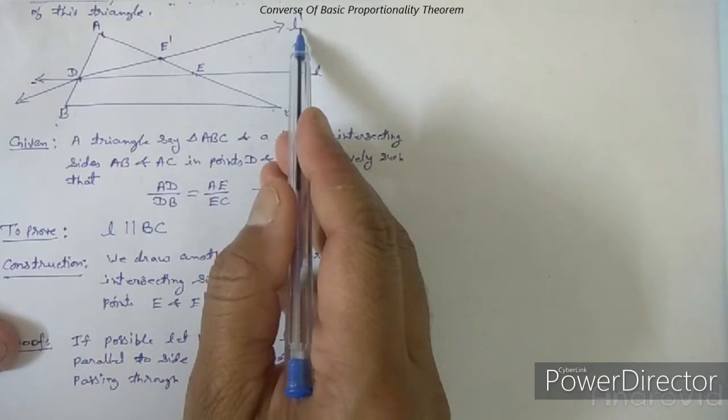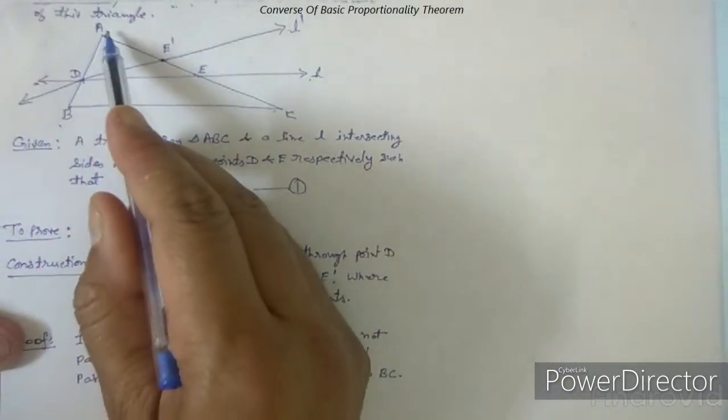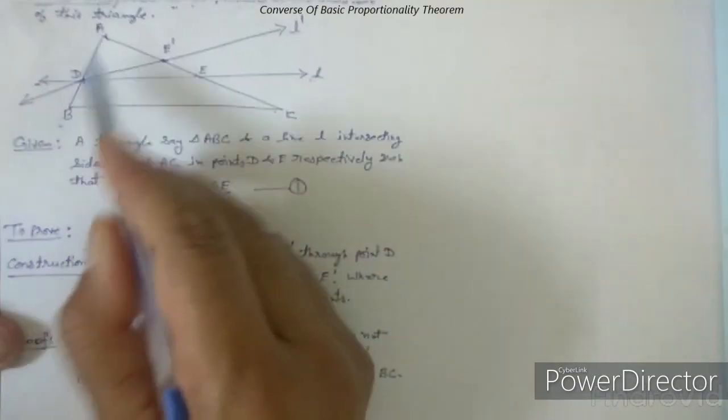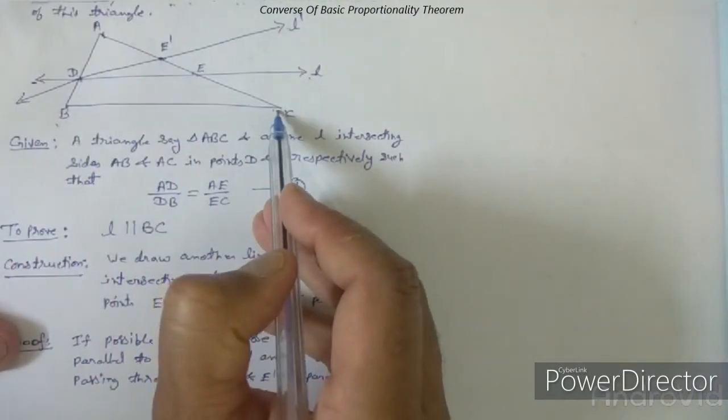So this line L dash will divide sides AB and AC in the same ratio.